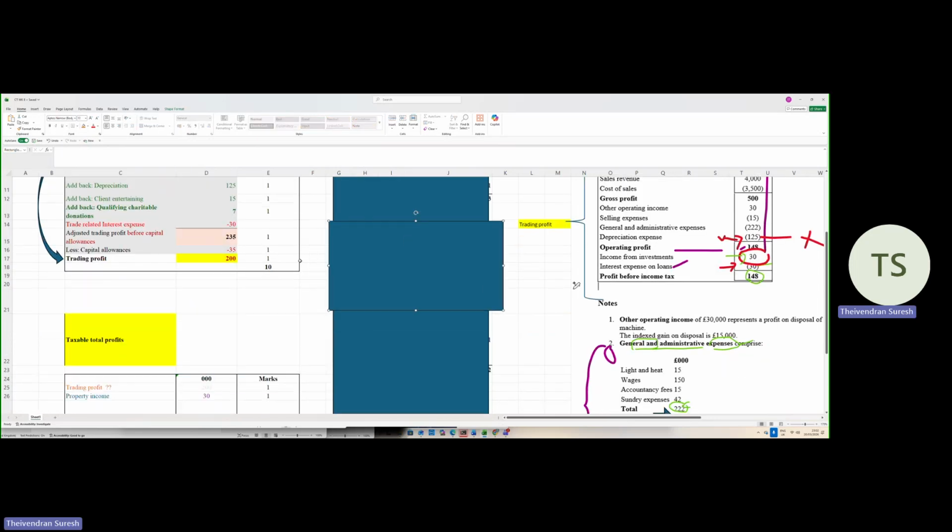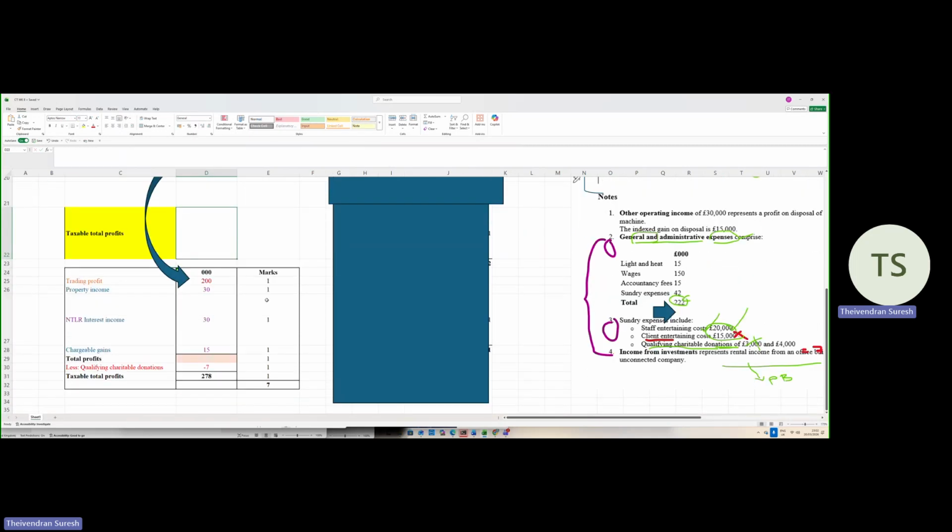Now we have completed the trading profit. This trading profit figure now appears in our computation for taxable total profits, as the trading profit source, 200,000.